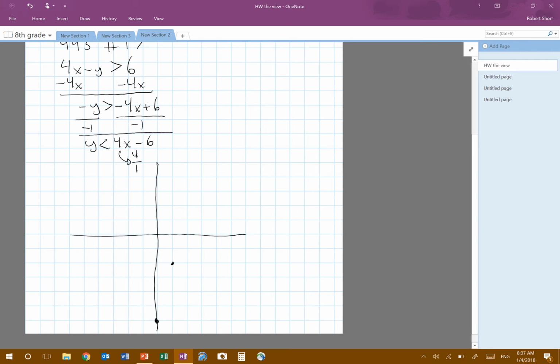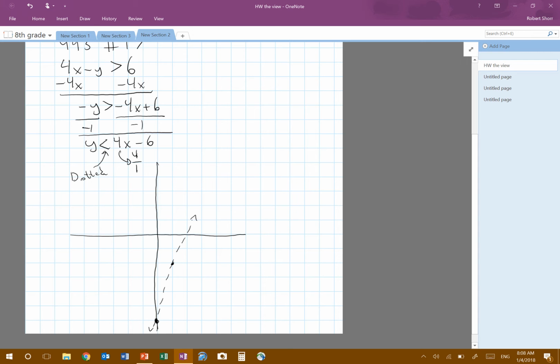We need to connect those dots now. It's dotted because it is not "or equal to." If it was "or equal to," it would be a solid line, but since it's not, it is going to be a dotted line.